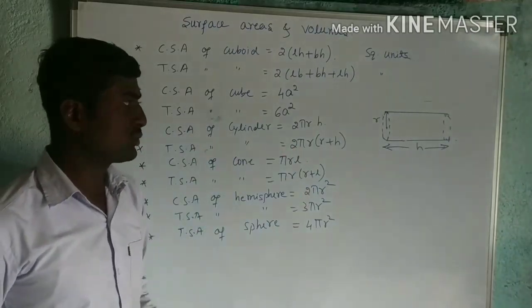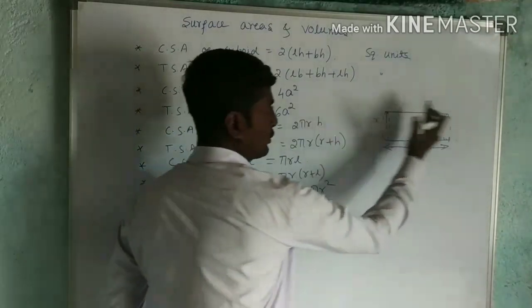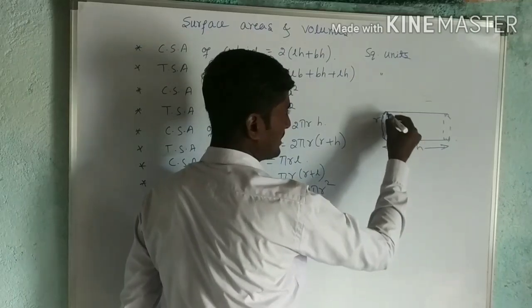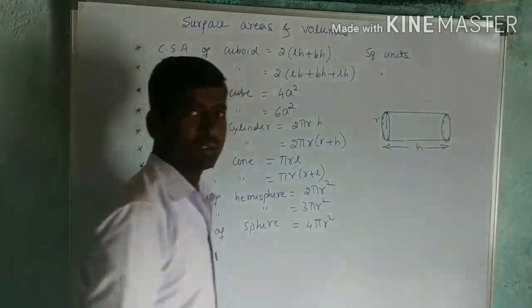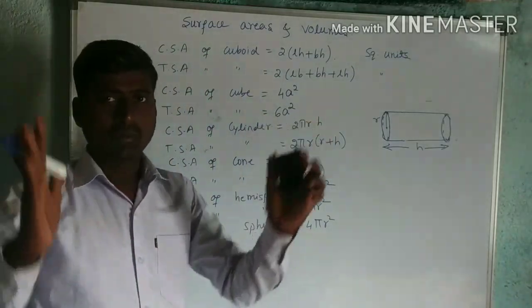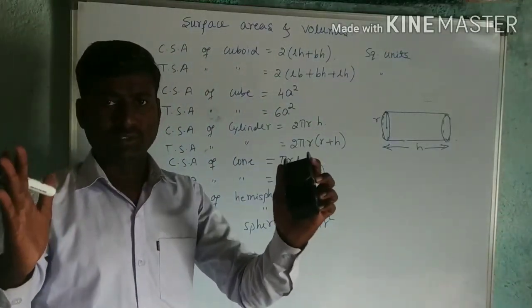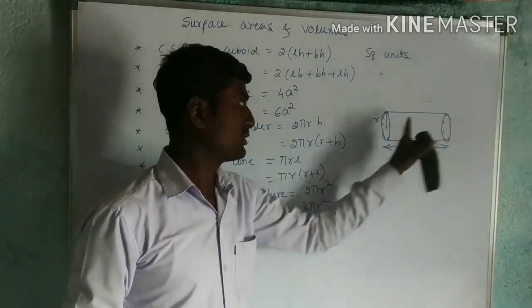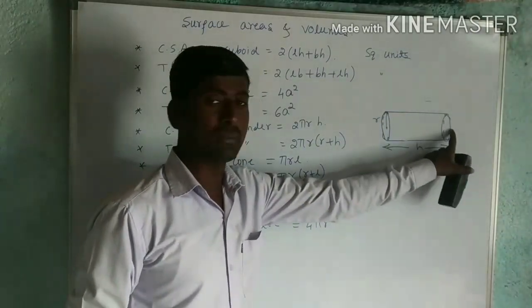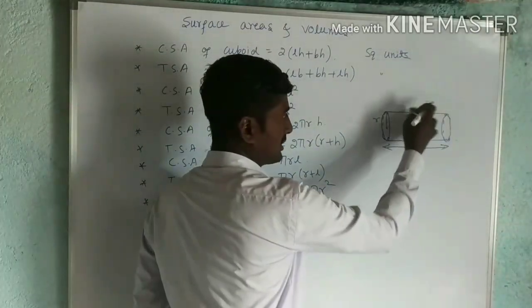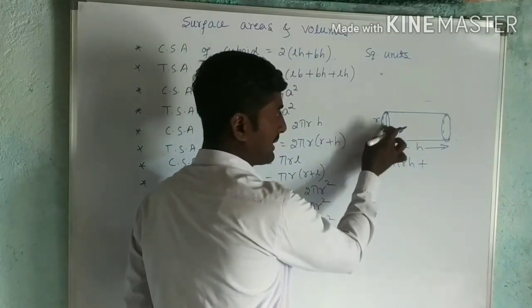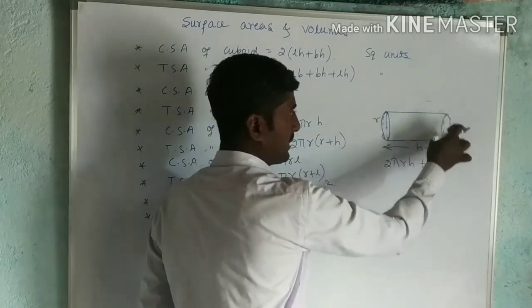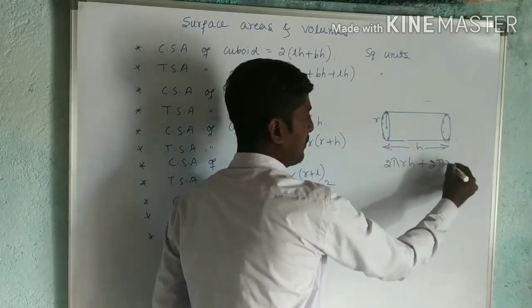Now what is the TSA of a cylinder? Suppose these two openings, these two circular holes, are closed. If you consider the pipe with both holes closed, then two areas are extra: this is pi r square and this is pi r square. Initially the curved surface area is 2 pi RH, plus pi r square plus pi r square, which becomes 2 pi r square.